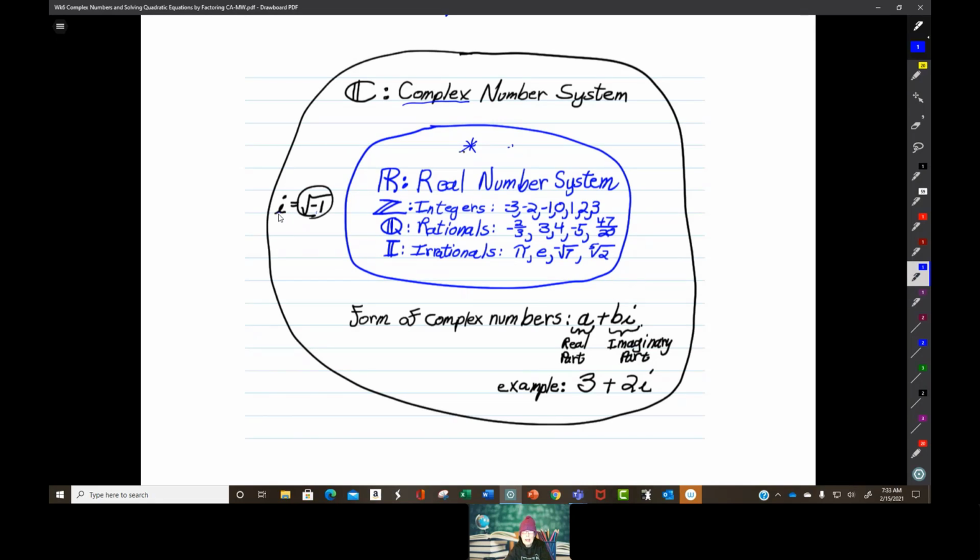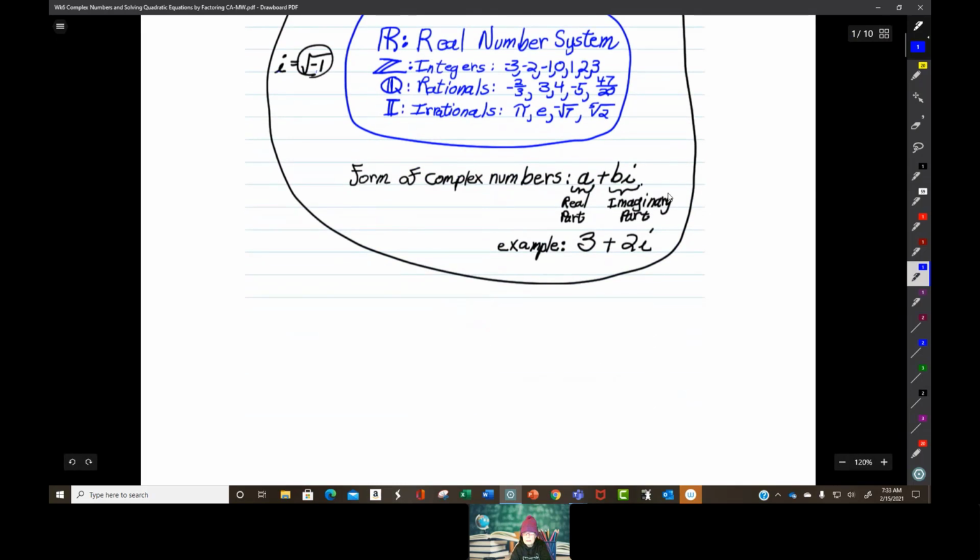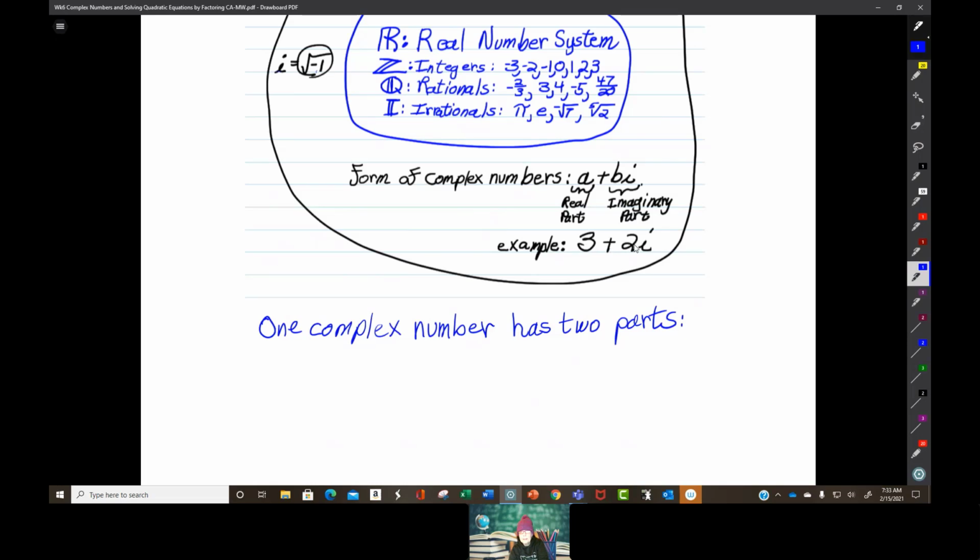Okay? And complex numbers have 2 parts. One complex number has 2 parts. And an example would be 3 plus 2i.